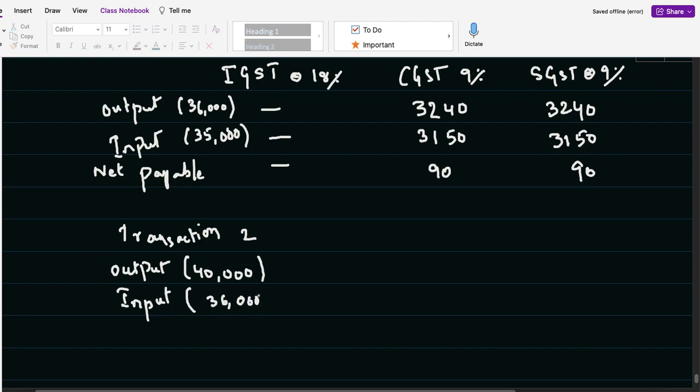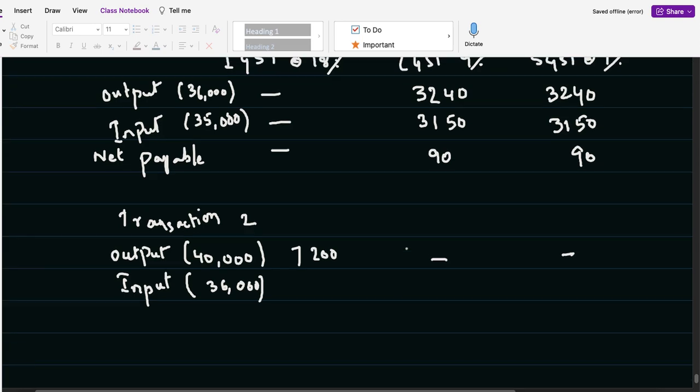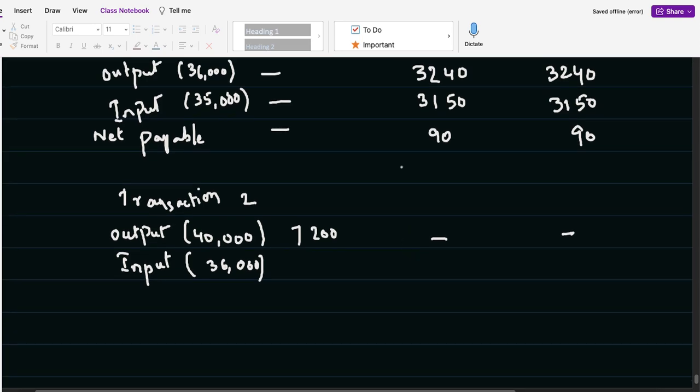So as this is IGST, it will be 7,200 at 18%, and there is no CGST and SGST in this transaction because it is an interstate transaction. Whereas the input remains the same, 3240.